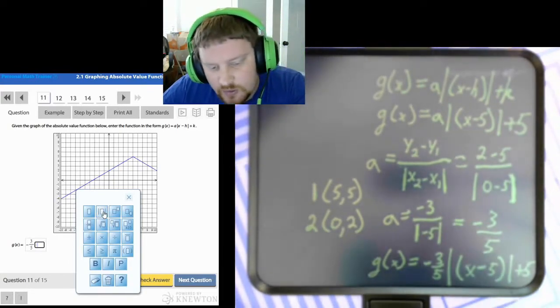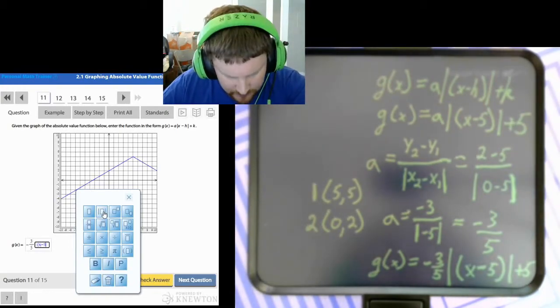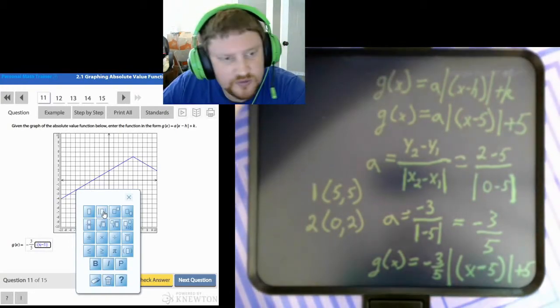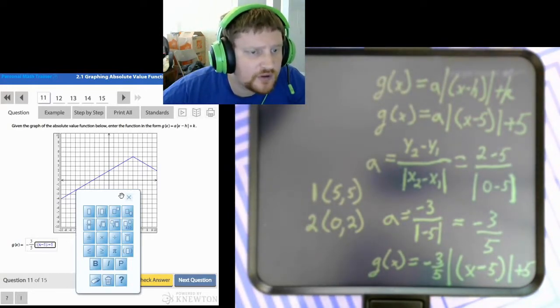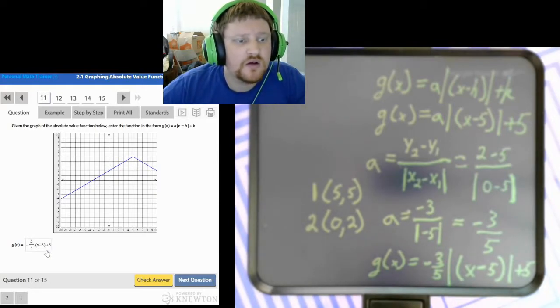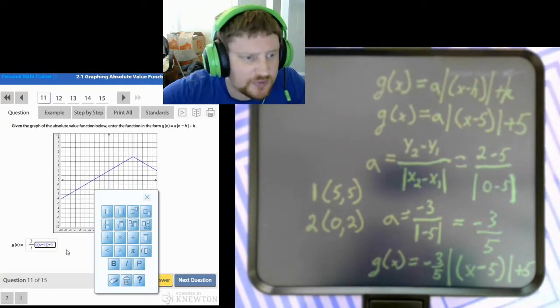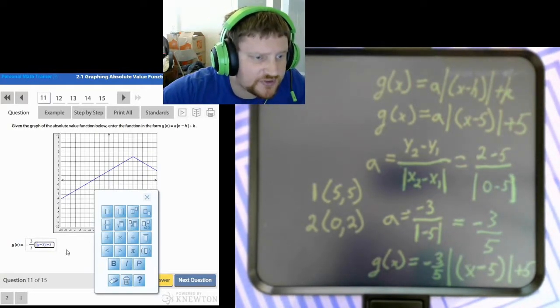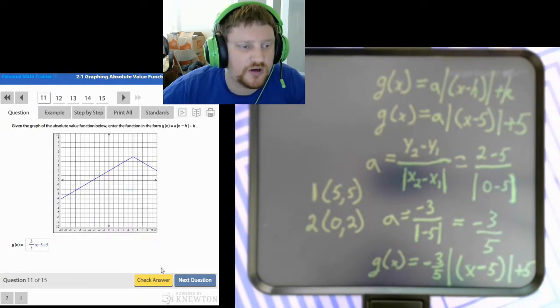The absolute value of parentheses x minus 5, close parentheses, get outside of the absolute value sign, plus 5. So negative 3/5, absolute value x minus 5, close, plus 5. I'm actually going to go ahead and get rid of these parentheses here because the problem up top does not have it, and it may tell us we're wrong if I include it.